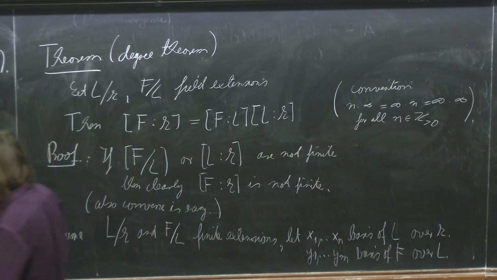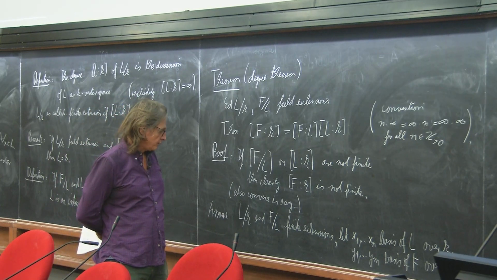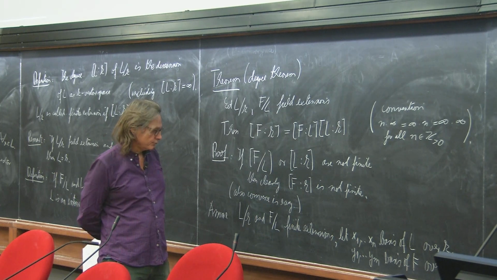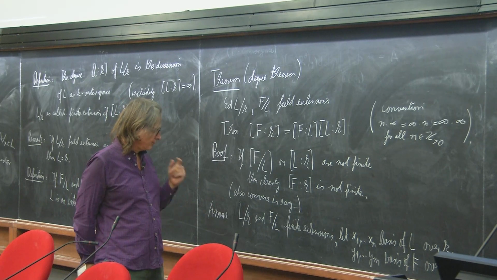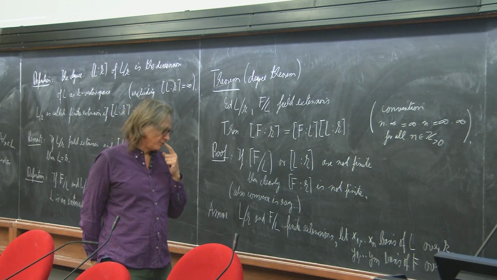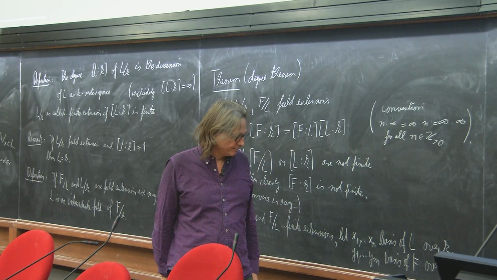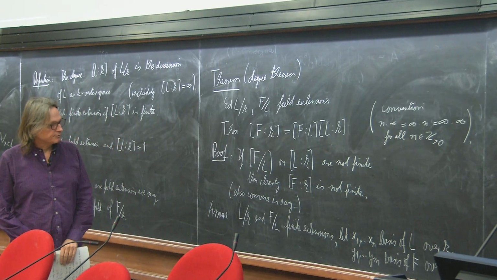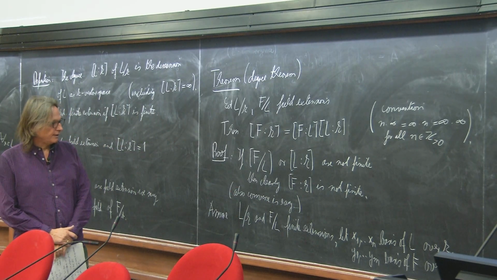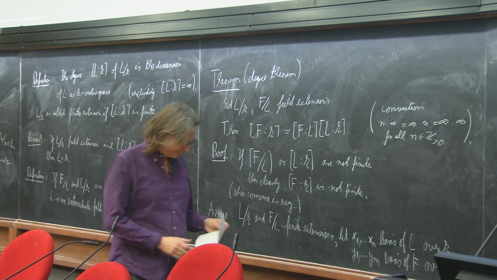Now, if you just look at the statement, it should be clear how we want to go about the proof. We want to make a basis of F over K. The most natural thing we could imagine here is that we take all the products of xi and yj. If these form a basis, then the dimension of F as a K vector space would be m times n, and that would prove it.